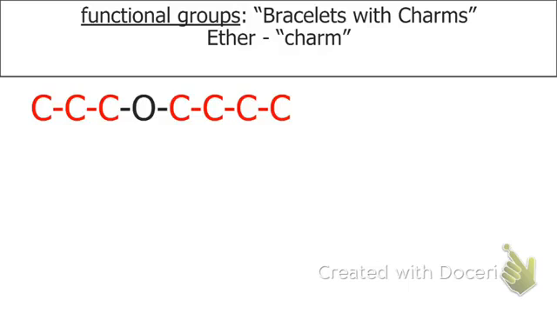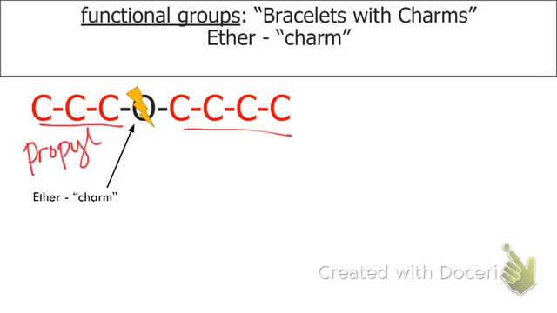So here we have the ether that cuts that chain into two chains. And when we look at the two chains, we have a propyl chain, we have a butyl chain. Alphabetically, butyl comes first.